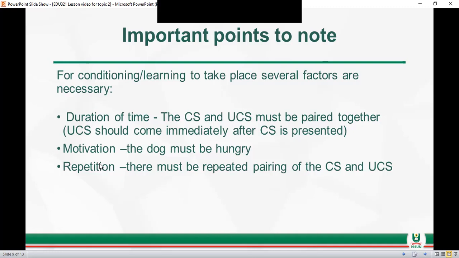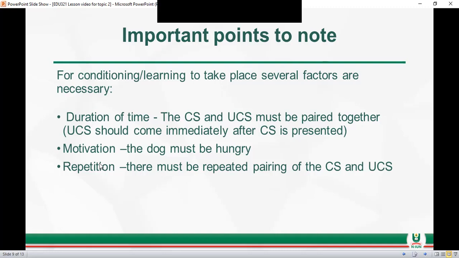Then repetition is another factor. There must be repeated hearing of the sound of the bell and the food, the UCS, unconditioned stimulus. You have to do it repeatedly. You can't just do it once.